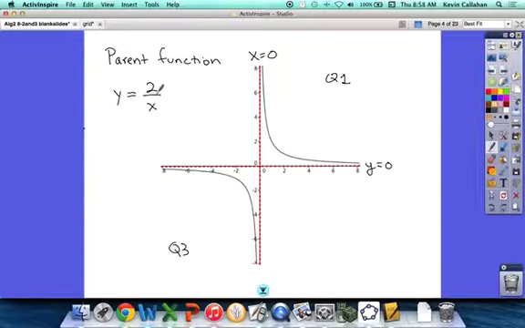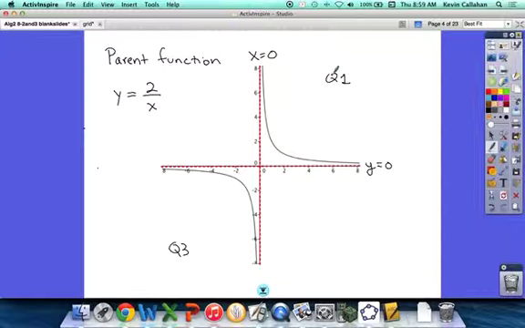So no way to touch the y-axis, no way to touch the x-axis. So inverse variations have a vertical asymptote at x equals 0. They've got a horizontal asymptote, y equals 0. The graph, quadrant 1, quadrant 3. So that's the starting point.